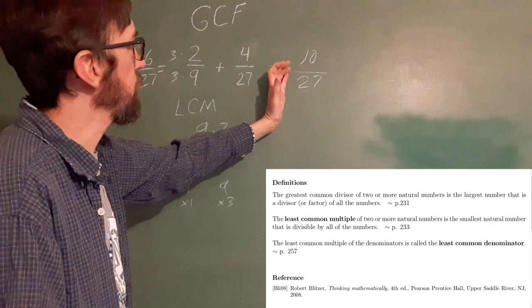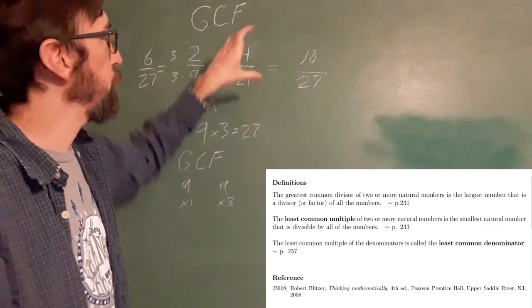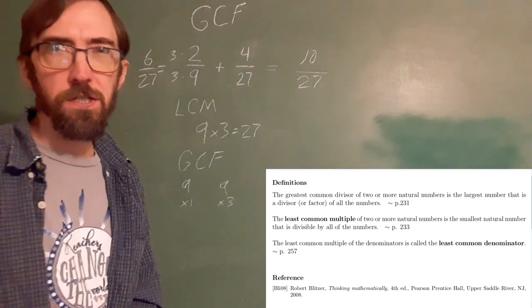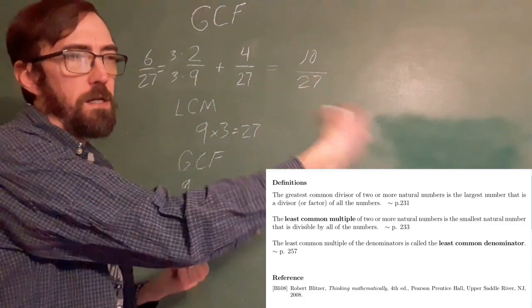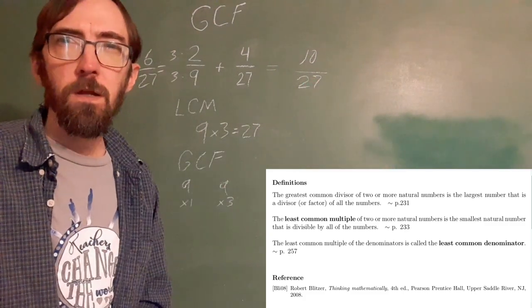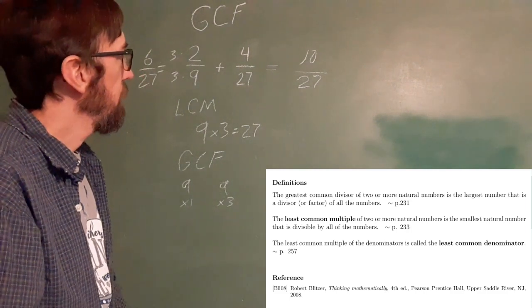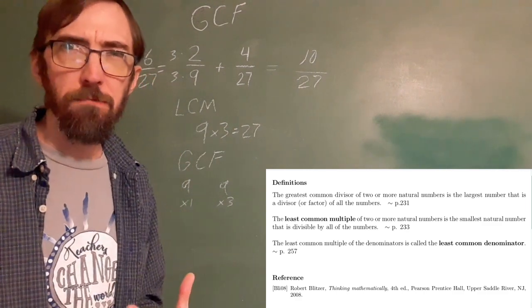When you do reductions, if you have to reduce a fraction, if you reduce by the greatest common factor, you have a single reduction. Otherwise, you could go through a series of steps of reducing until you get it down to lowest terms. So they do kind of work hand in hand, though they're not the same thing.